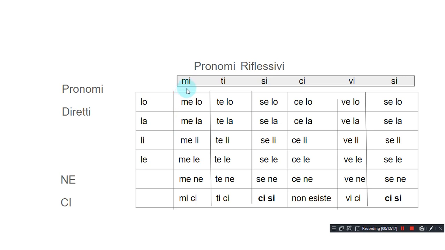So again, mi will become me, ti will become te, si will become se, ci will become ce, vi will become ve, and again si will become se. Melo, telo, selo, celo, velo, selo.